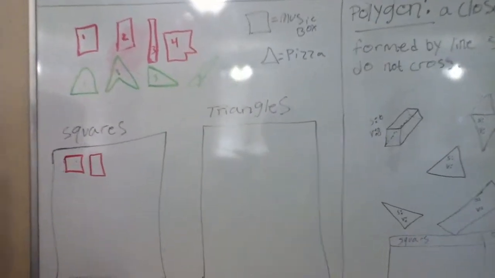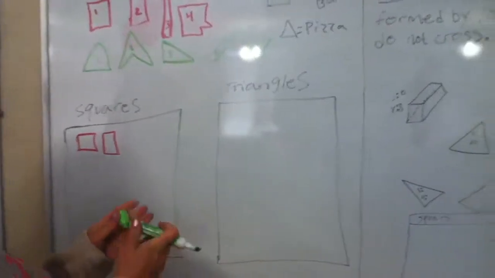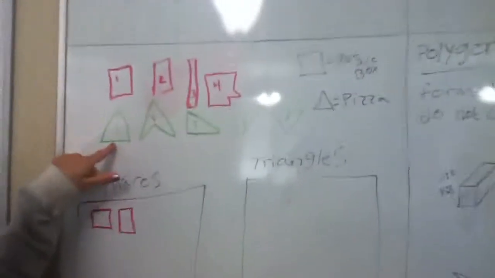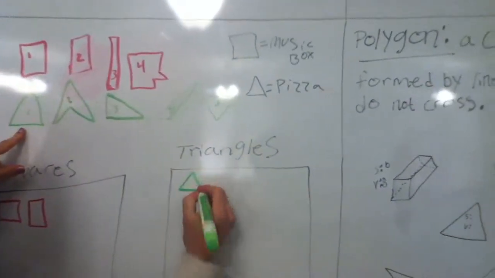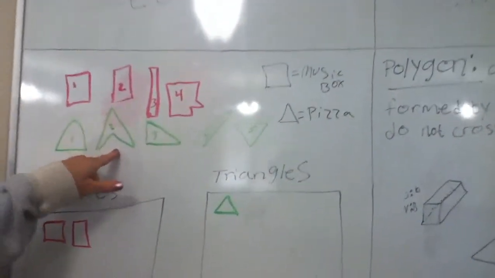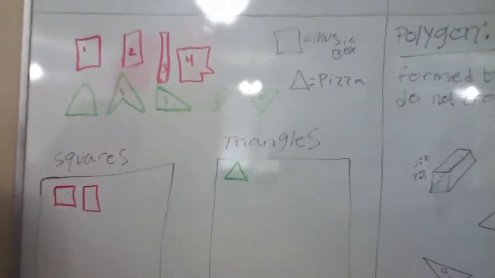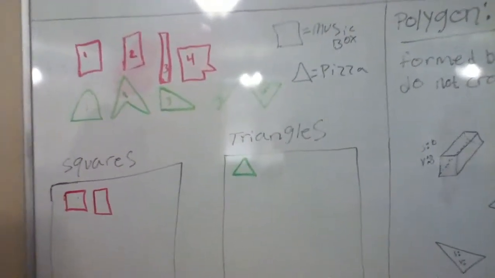So, for the triangles, one shape that looks like a pizza would be right here, number 1. They would put that in their category. Number 2, they would not put in their category because they would say there's a cutout in there.